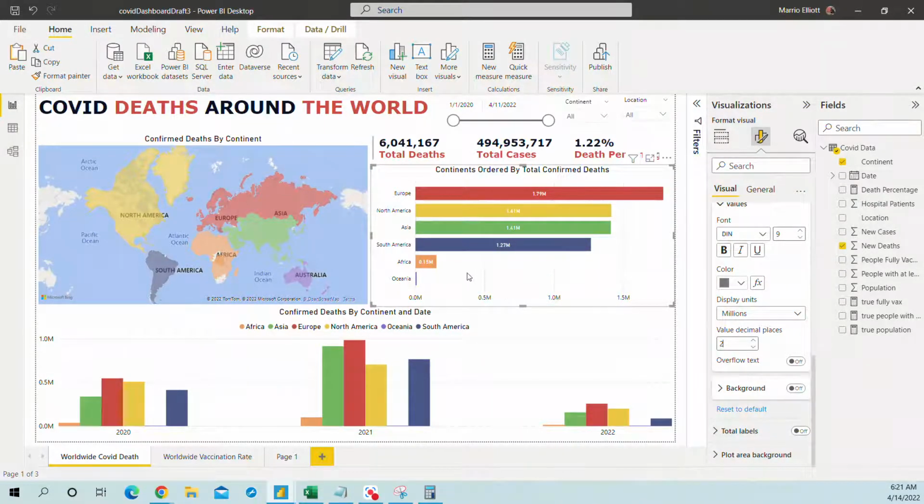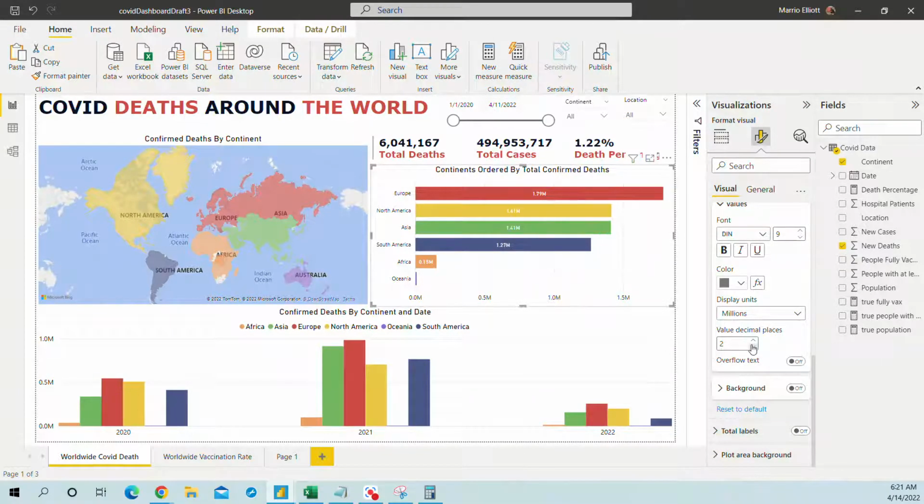Granted, they are in greatest to least, but it still looks like these two are right on top of each other. You could see a very slight tick for North America, but it's not much.